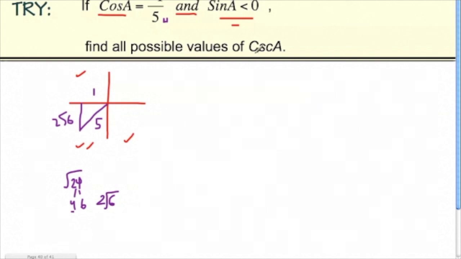Now it's time to find the values for cosecant, which is H over O. It's really important to write this step down because more mistakes are made on tests that I mark because they get A and H mixed up. So always write it down.